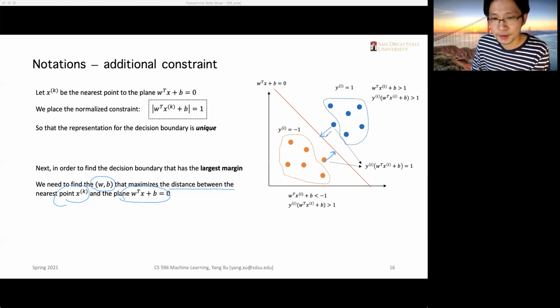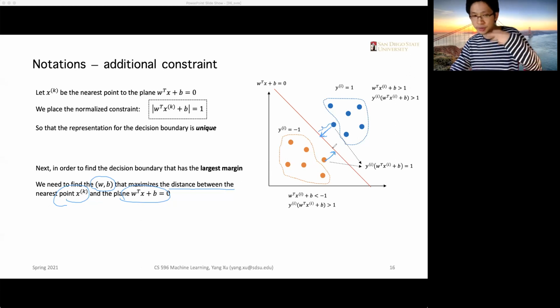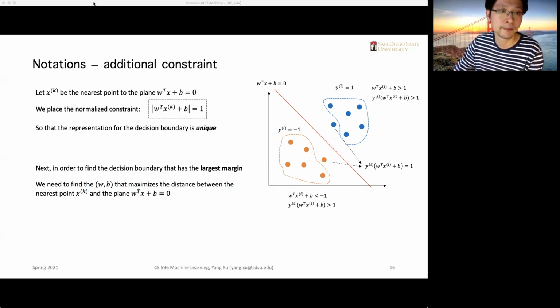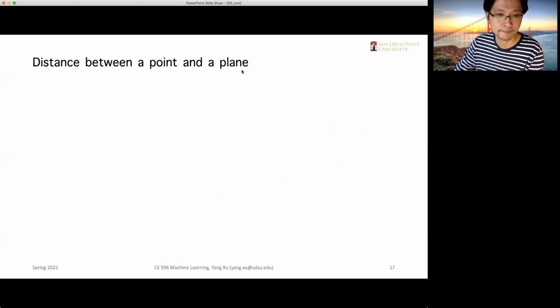We want to find a way to measure this distance. What is the distance between the nearest point to the decision boundary?